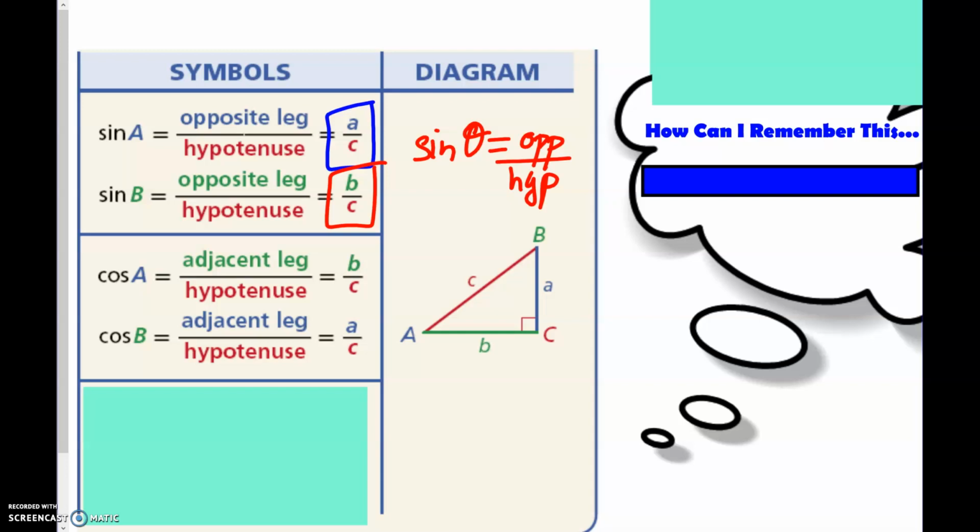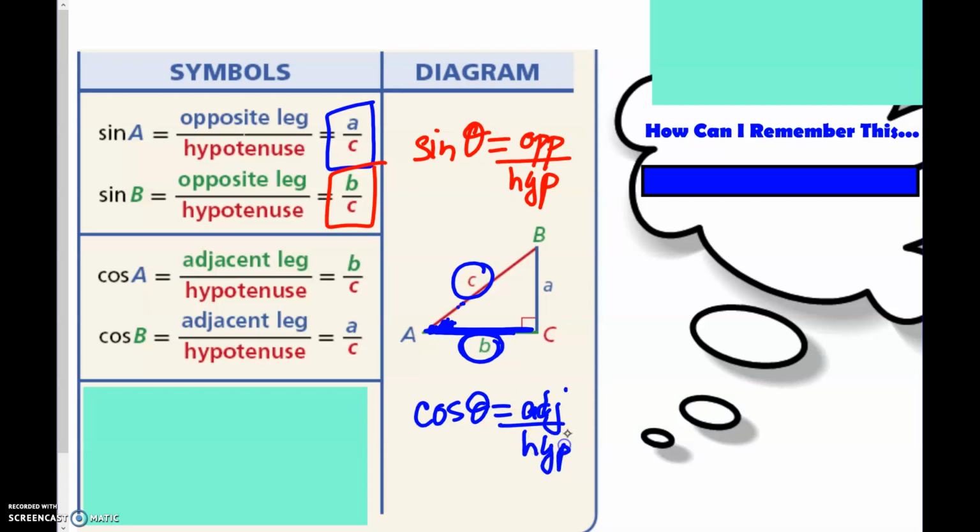When we do cosine, we're talking about the adjacent leg. So let's take this one. The adjacent is the leg, not the hypotenuse. It's always the leg. The adjacent leg, which in this case would be over the hypotenuse C. So cosine of an angle is adjacent over hypotenuse.